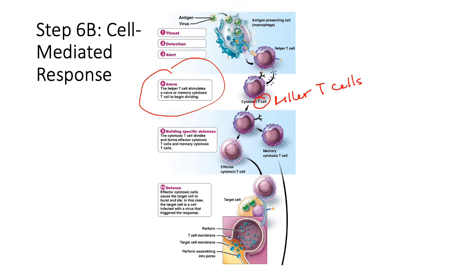So once activated, a T cell becomes a killer T cell or a cytotoxic T cell. Just like we saw with the B cells, those T cells are going to divide into two populations. One of those populations will be the memory cells, which again, we're going to come back to. The other cells are going to be our effector cells. Remember, those are the cells that are going to go on and kill the pathogen.